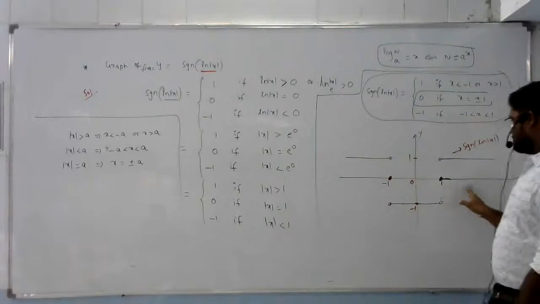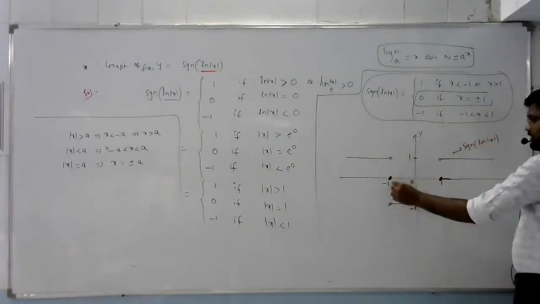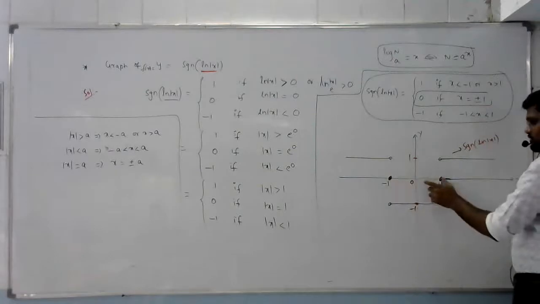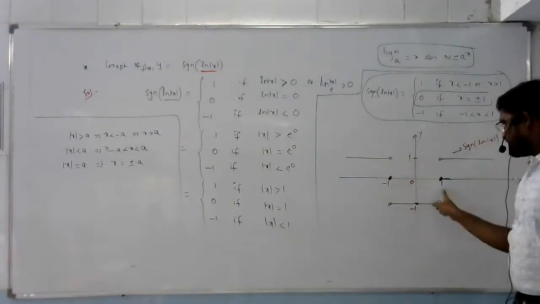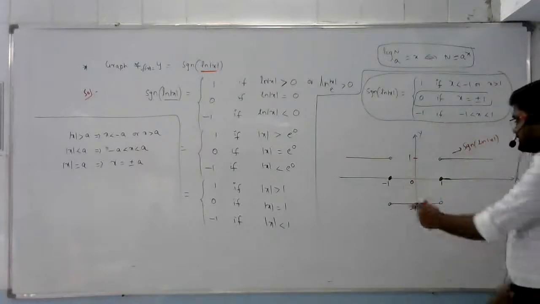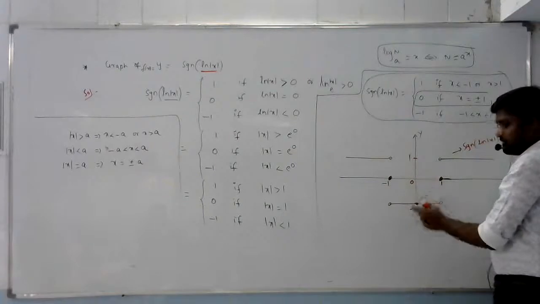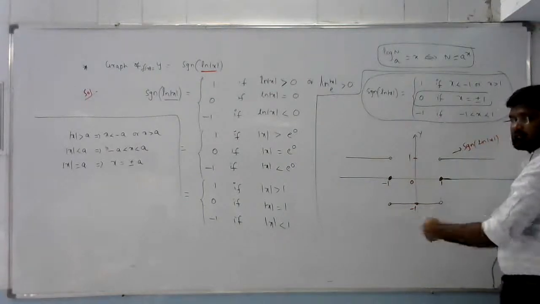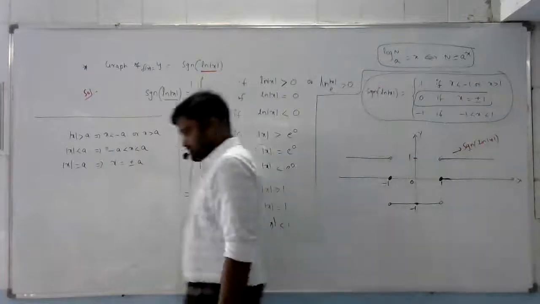Less than minus 1, greater than 1, 1. And at x equal to 1 and x equal to minus 1, 0. That's why I put dot here. And similarly, if x is lying between minus 1 to 1, f of x is minus 1. Understood? Please copy this one.